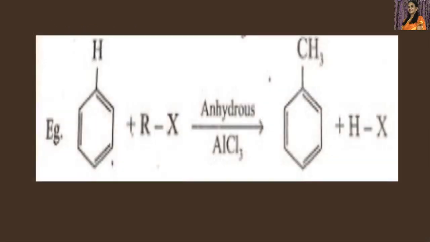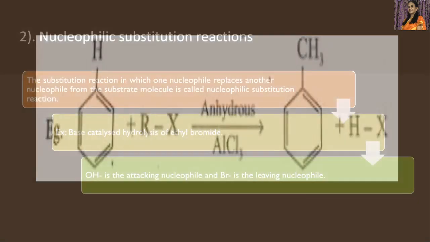Generally aromatic compounds, especially benzene, undergo electrophilic substitution, where an electrophile of the reagent substitutes a hydrogen atom of the benzene ring in presence of a Lewis acid like anhydrous AlCl3.